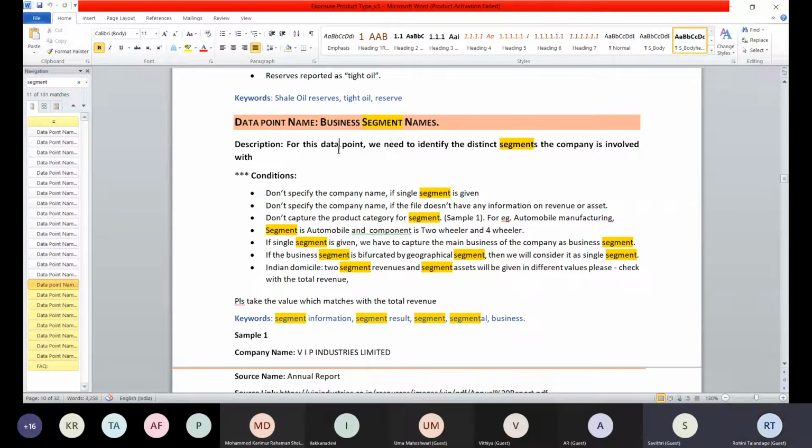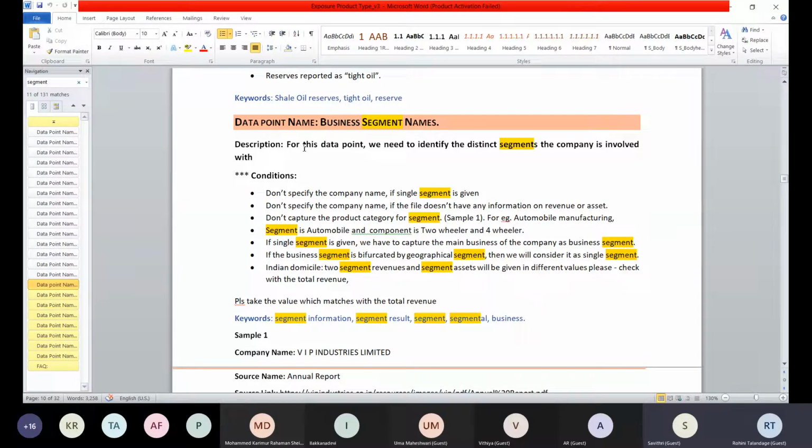We have to check what kind of business the company generates revenue from. Companies provide different kinds of products, right? So we have to check what kind of business they are doing.